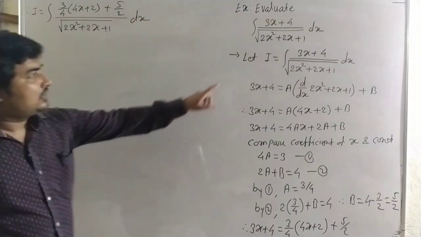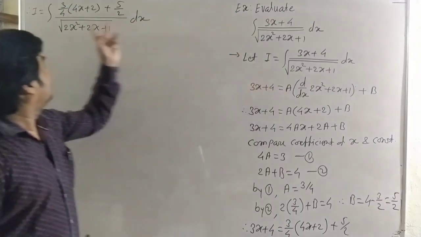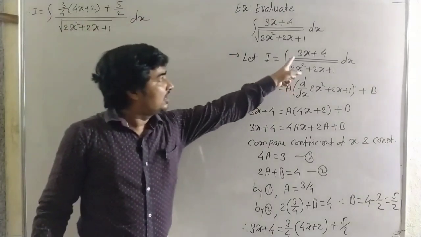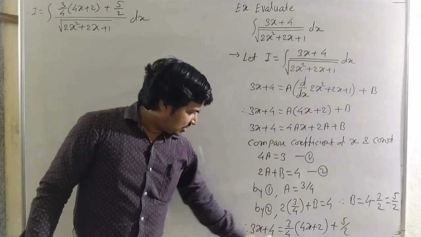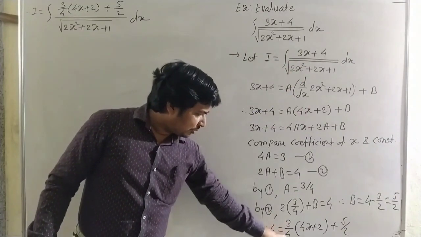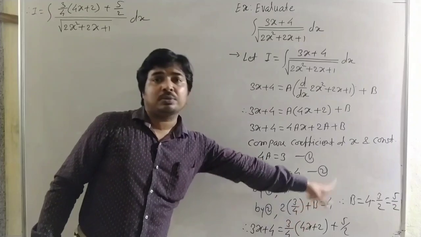Now this integral becomes this, because we replace 3x plus 4 by 3 upon 4 into 4x plus 2 plus 5 by 2.